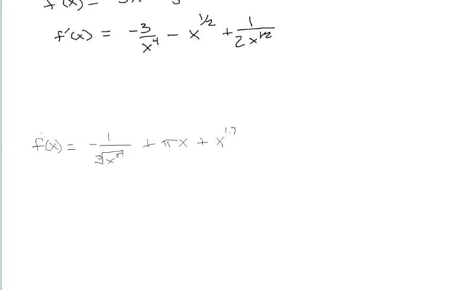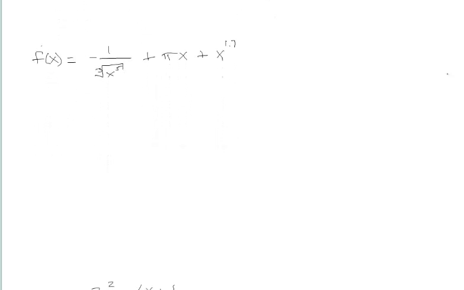Alright, so in the next example, I have f of x is equal to negative 1 divided by the cube root of x to the 5th plus pi x plus x to the 1.7. And again, I'm going to take the time to rewrite it. So f of x is equal to negative.